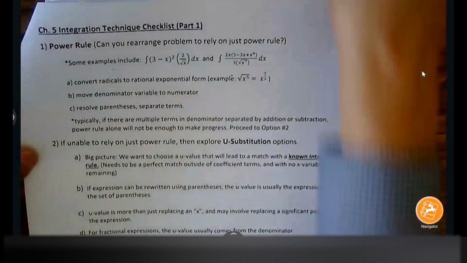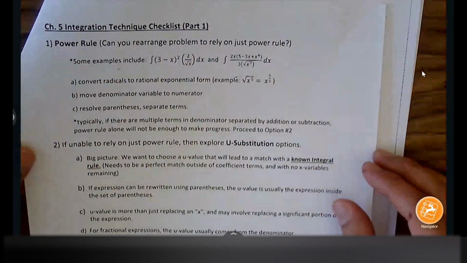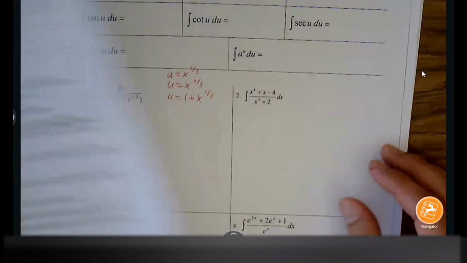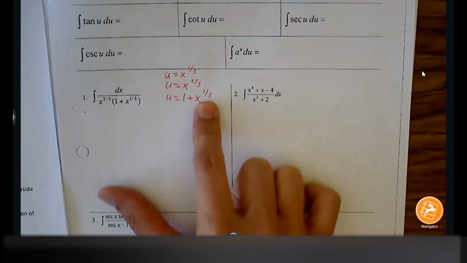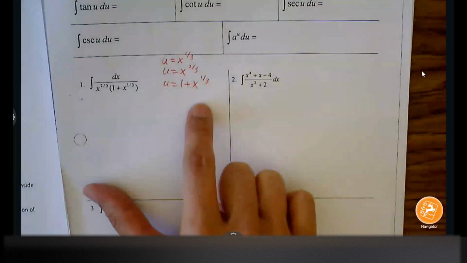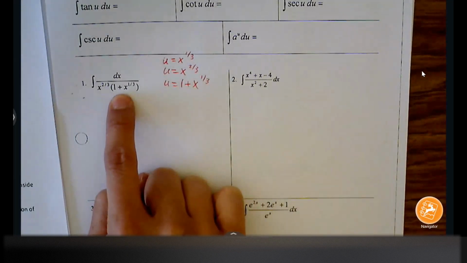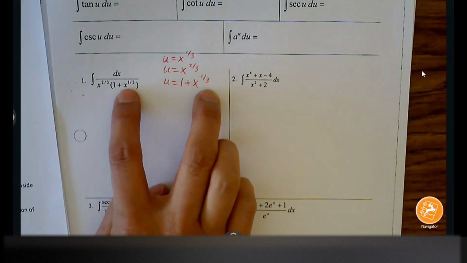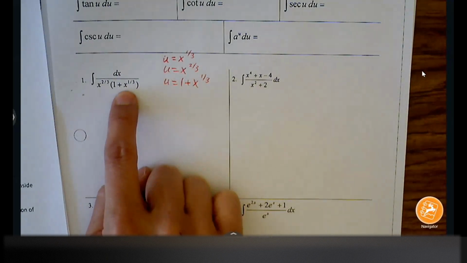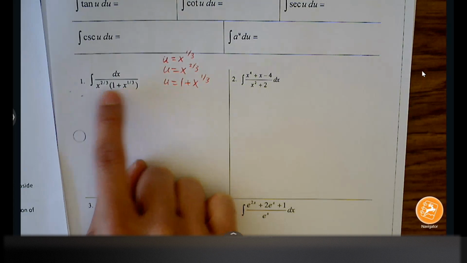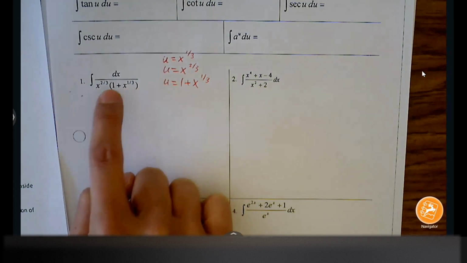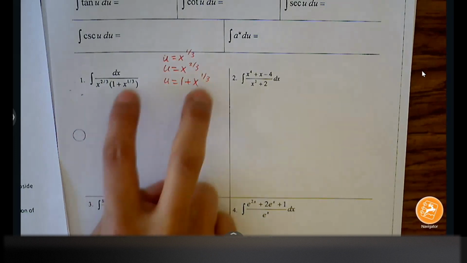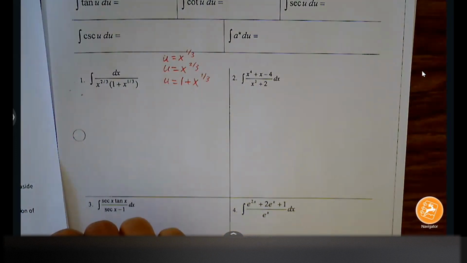I try to spell out as much as I can as you are working through your process. One of the tips is, if you're trying to pick a U value and there's already a parentheses staring right back at you, then that is probably a good place to look. It doesn't mean that's going to work 100% of the time, but it is a good place to start. The parentheses is there to help you, so we should be drawn to that as our potential U value.